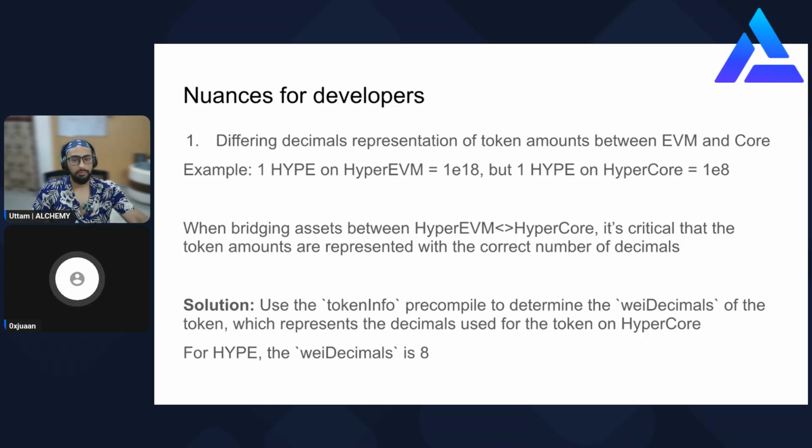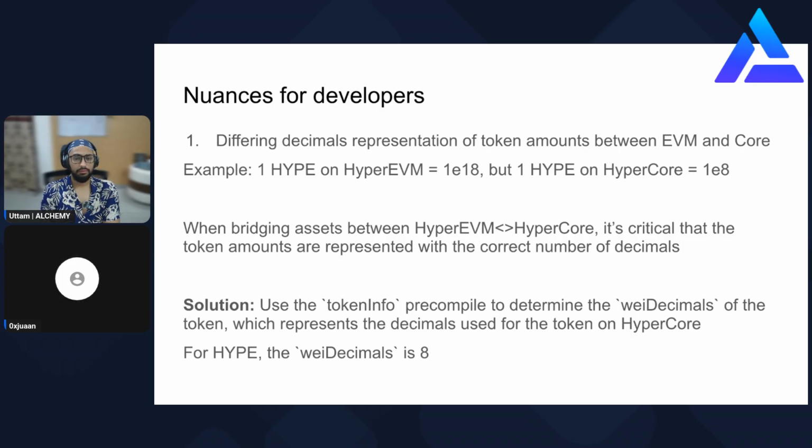For example, Hype is represented with 18 decimals, just like ETH on ETH mainnet. So one Hype would be 1 times 10 to the 18. But on HyperCore, the decimals are 8. So to represent one Hype, it would be 1E8.